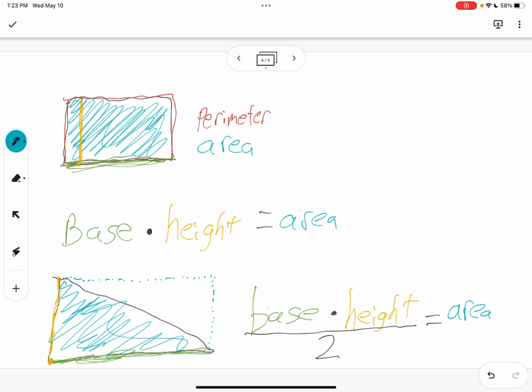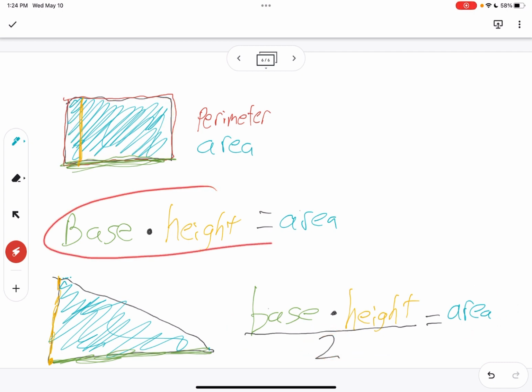So again, triangles are always half the size of a rectangle. So when we're finding out the area of a triangle, we're going to divide it by 2. If it's just a rectangle, then we're just going to do base times height, okay?